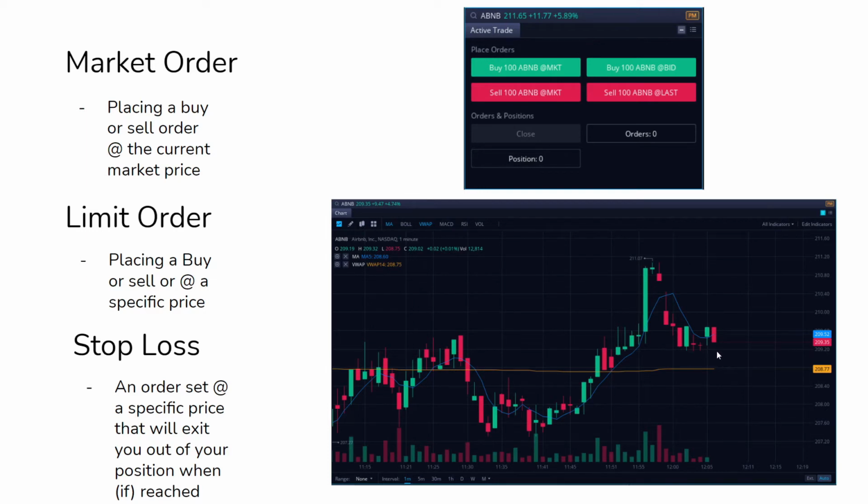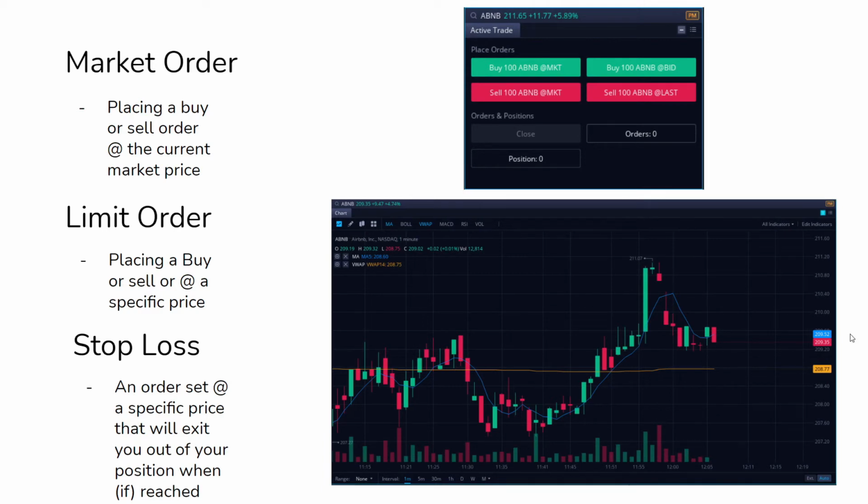So if I were to place my stop loss order at 209.20, and like I said earlier, the CEO of Airbnb has just died or something, and that's hypothetical, we would see the stock start to plummet. And if it went down really fast and you can't get out quickly enough, well, that's where the stop loss comes in.